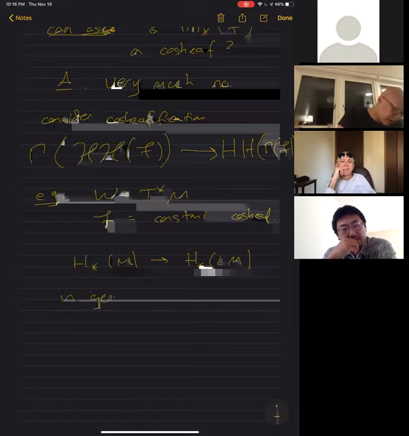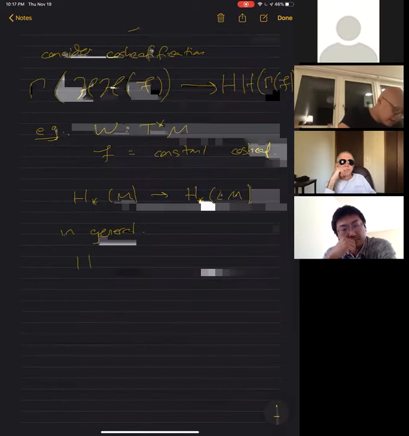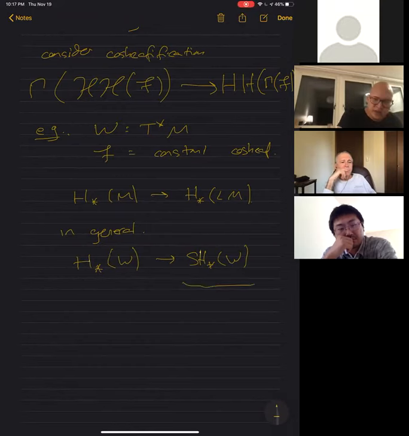The following thing is not; we might be able to extract it from GPS, I'm not 100% certain, but in general, what's true is that this map is the map from the homology of W to the symplectic homology of W. Okay, so in particular, all the interesting deformations do not come from this local thing.